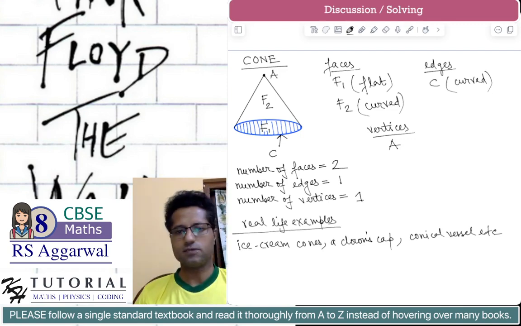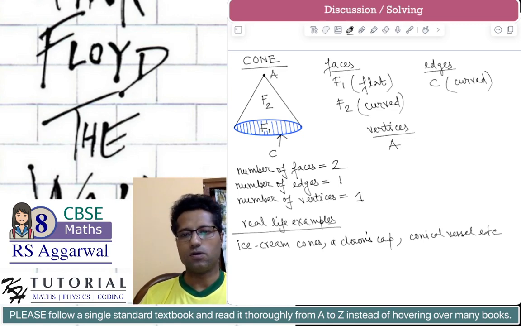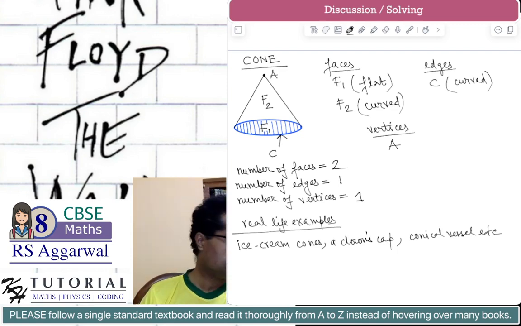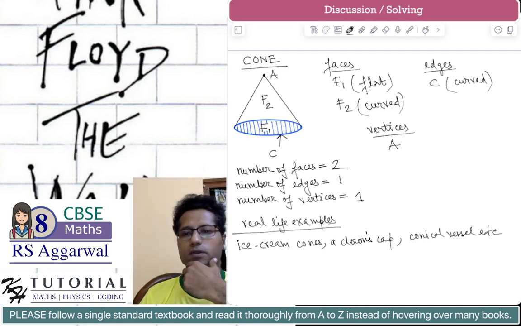So for a cone, the number of faces is 2, the number of edges is 1, and the number of vertices is 1. Okay, that was a cone.